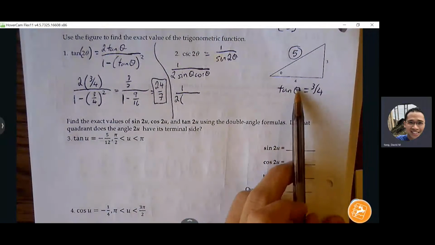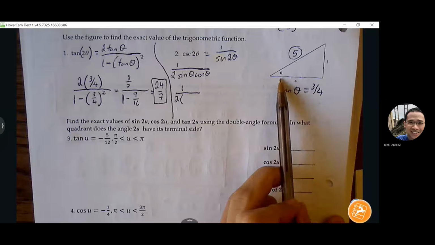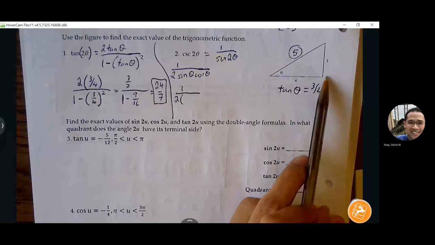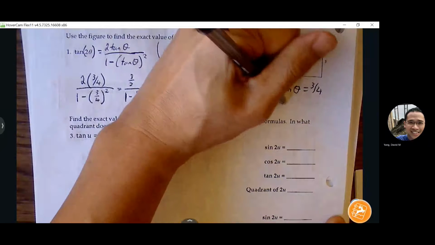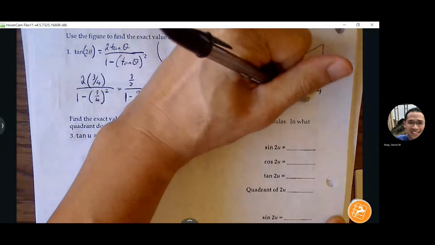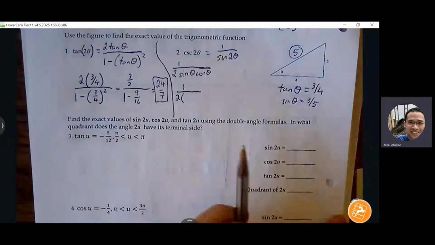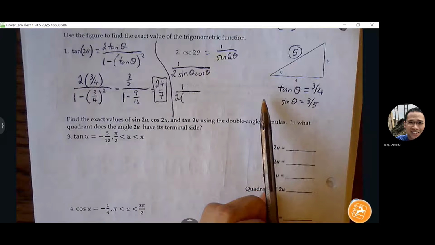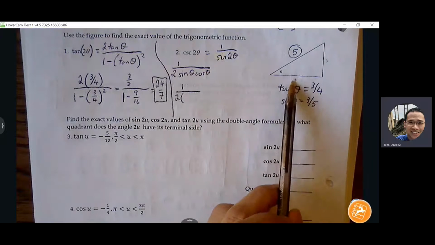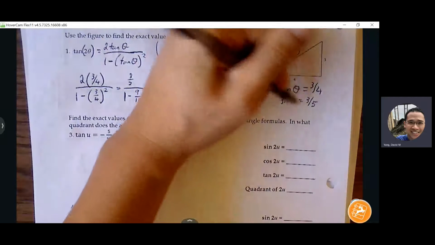All right, what's sine of theta? 3/5. Okay, what's cosine of theta? Adjacent over hypotenuse, 4/5.